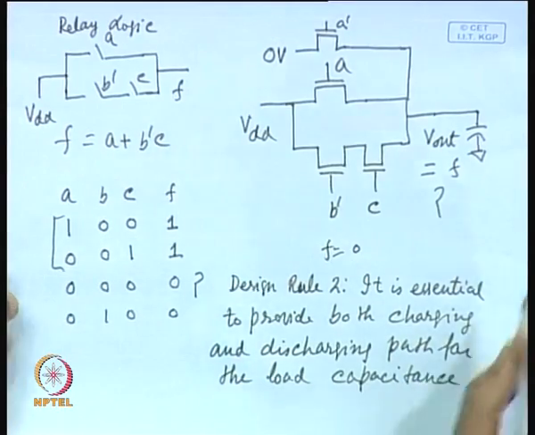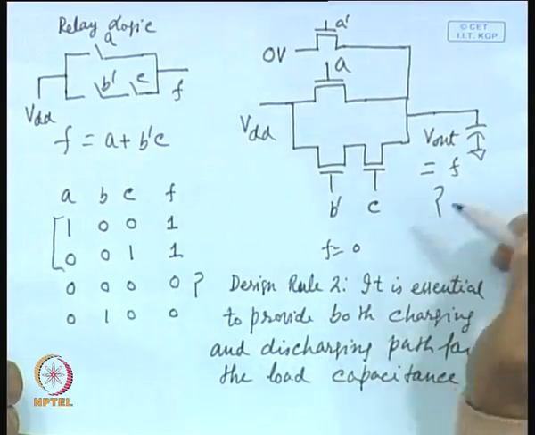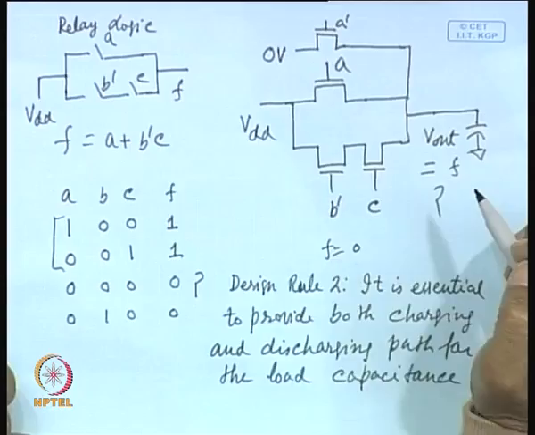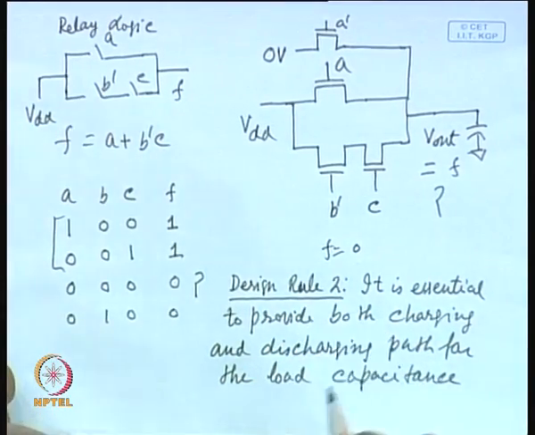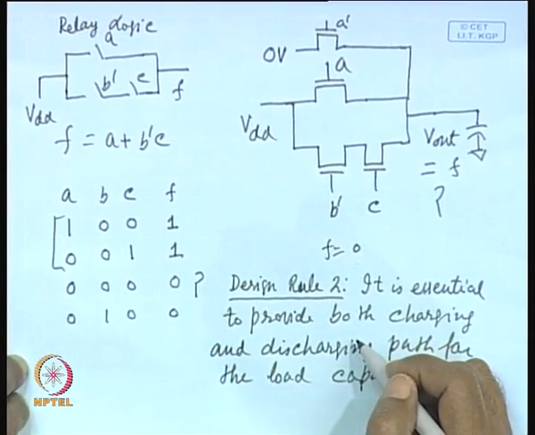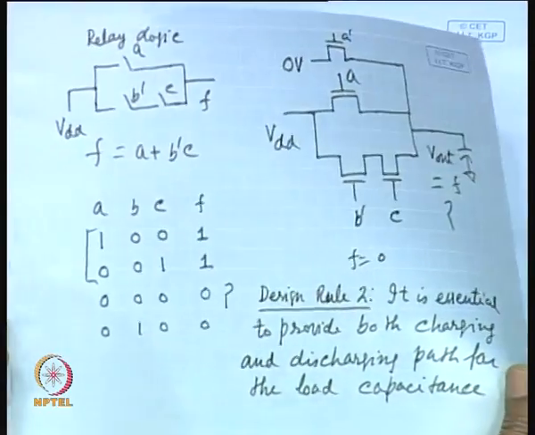That means, when the output is supposed to be 0, there should be a discharge path of the capacitor. When the output is supposed to be 1, there will be a charging path. So, this is how we have to realize the circuit by using pass transistor logic. This is the second rule that we have to follow while realizing circuits by using pass transistor logic.